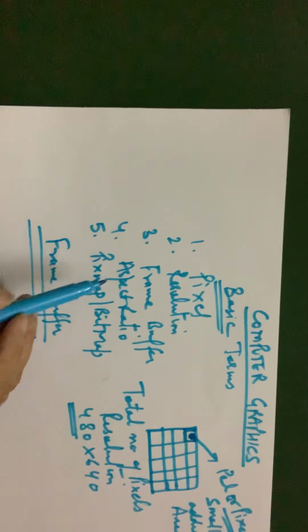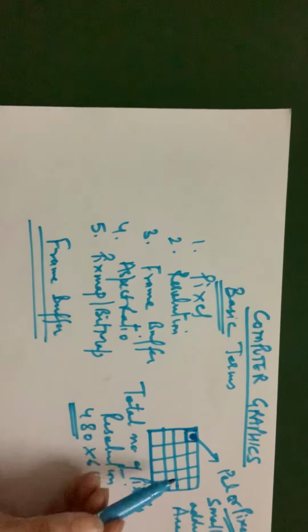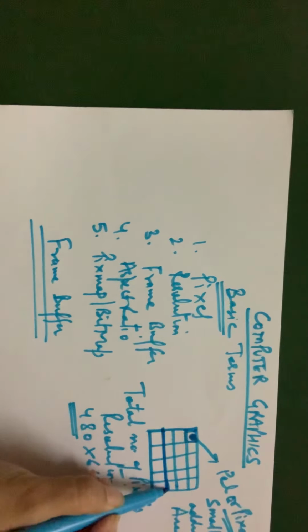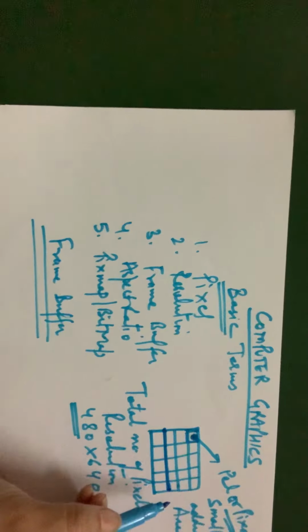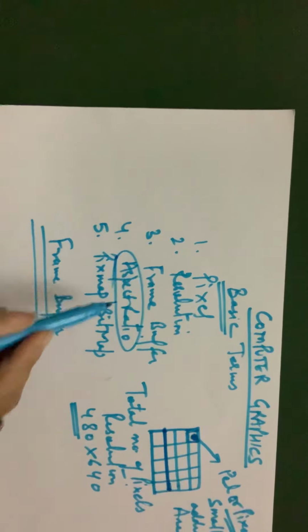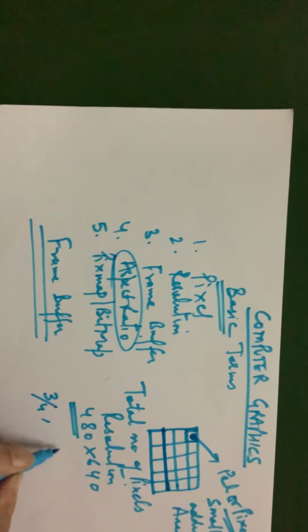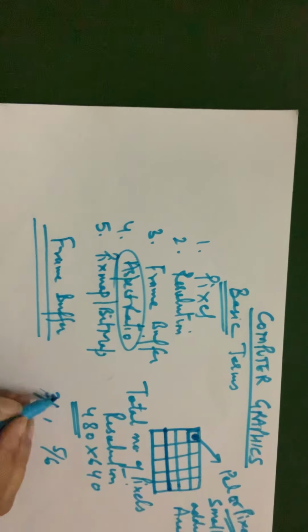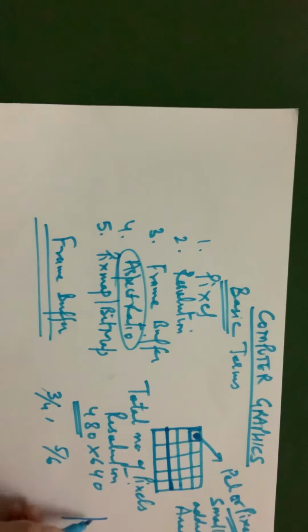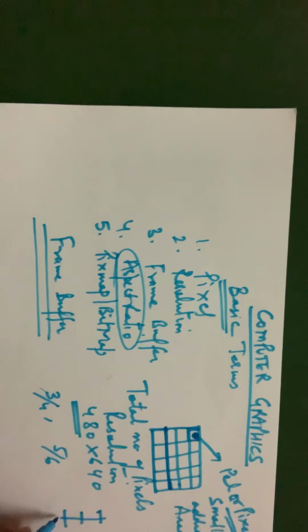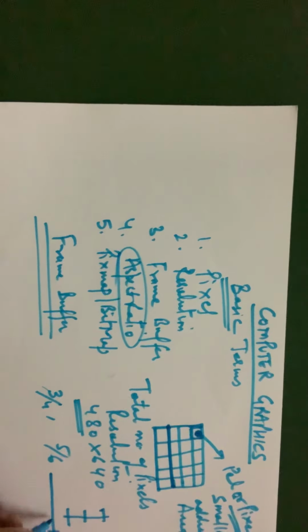An aspect ratio is basically defined like this: suppose this is my 6 centimeter line, horizontally or vertically. It is basically a ratio, suppose 3/4 or 5/6. That means the same line length is divided, for example, vertically in 3 parts and horizontally in 4 parts.